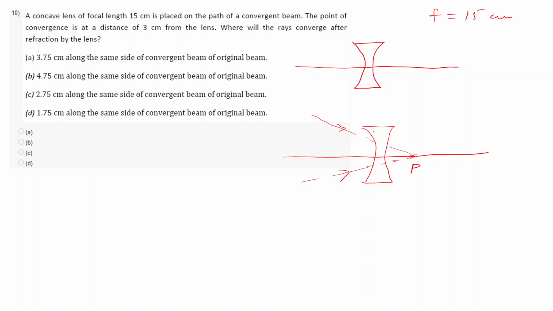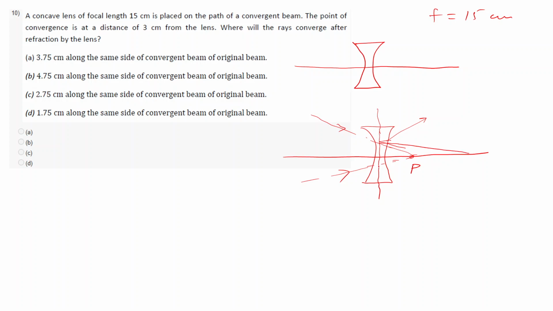Now because of this diverging lens, they will diverge a little bit. Initially they were going here, now they will diverge, but divergent doesn't mean a very large angle. Maybe it was coming like this, and now from this normal, they will diverge slightly.